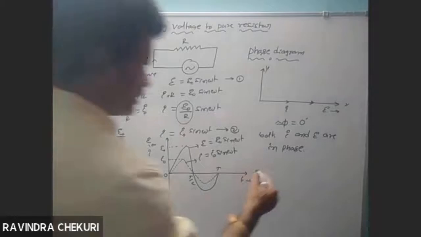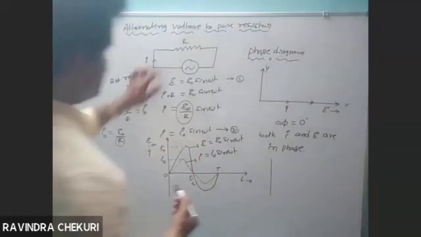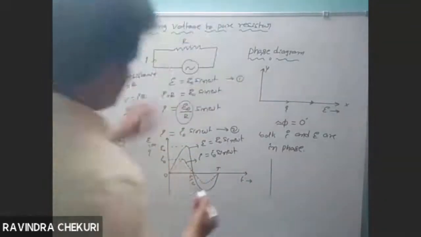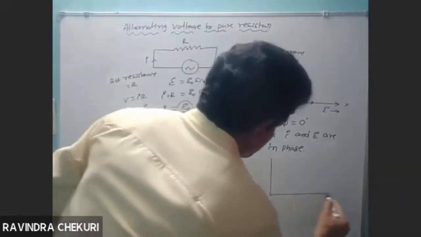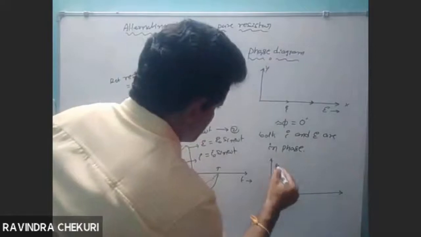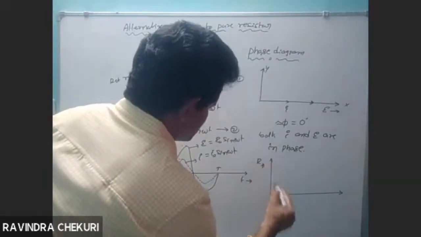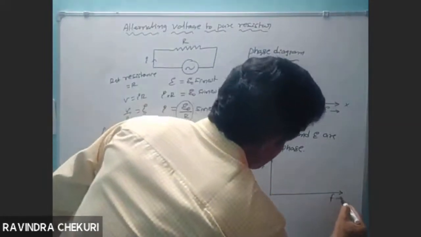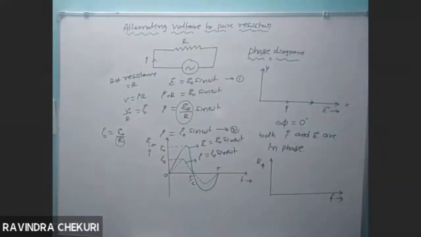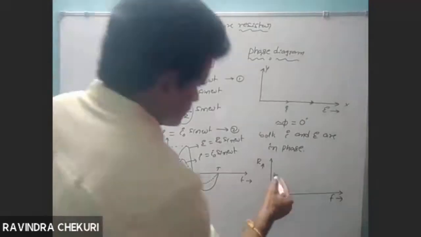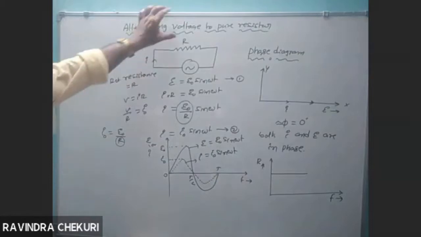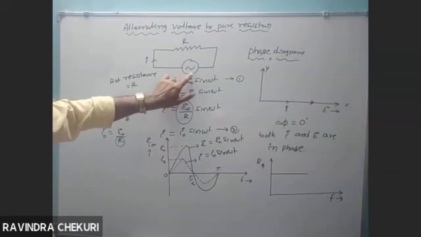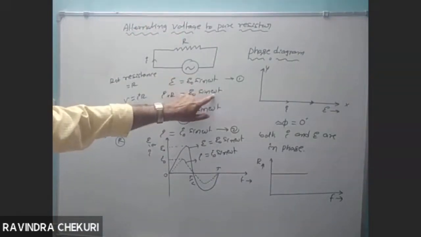Here the resistance is fixed. The external resistance is not dependent on the frequency of the AC source. Frequency of the AC source is taken along the x-axis. The resistance R is independent of frequency; it does not depend on the frequency of this AC source.